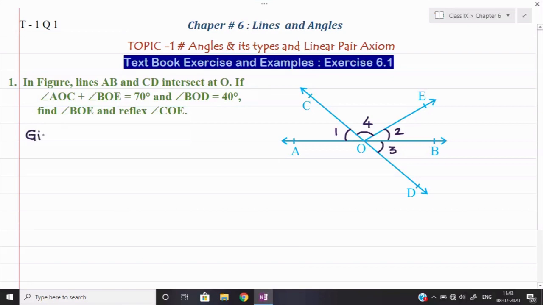So let us see what we have given in the question. Given should be compact here, and it should be to the point.